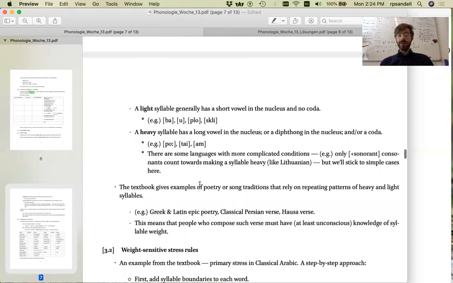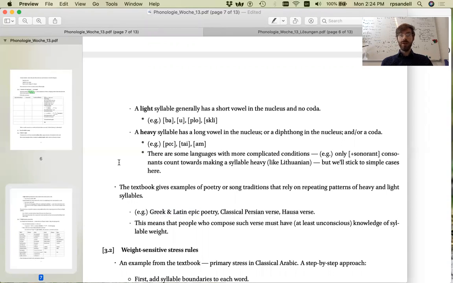The textbook mentions some well-known examples from poetry or song traditions that rely on repeating patterns of heavy and light syllables. This is the case in classical Latin and Greek poetic traditions, but also in Persian verse and Hausa verse.